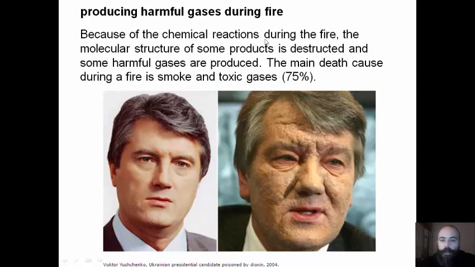Because of the chemical reactions during the fire, the molecular structure of some products is destroyed and some harmful gases are produced. The main cause of death during a fire is smoke and toxic gases. In the picture, we can see Viktor Yushchenko, the Ukrainian president poisoned by dioxin.